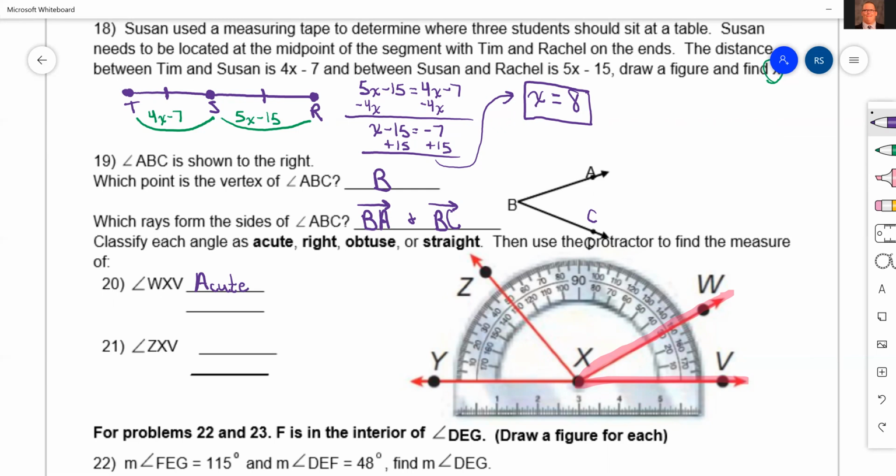Okay, so let's see. V is at the bottom. V is good. But let's look at W. The inside number is 30. The outside number is 150. If I'm acute, which number do I need to be reading?